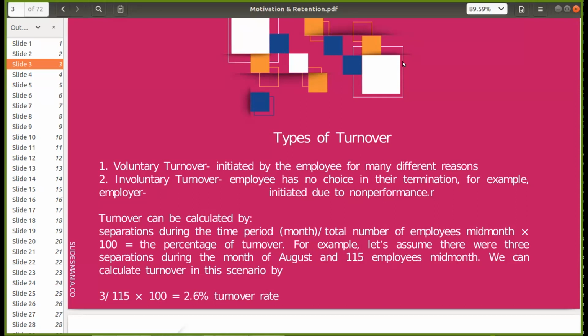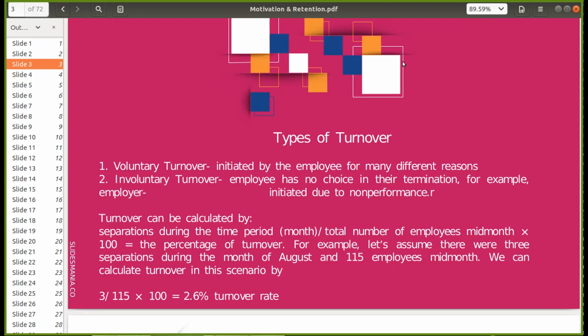That's why 'di ba as we are discussing in the previous lectures, yung pag-hire pa lang ay magastos na, no? So what more then pag umalis yon since yung empleyado na yon ay may alam na sa company at alam na niya yung pasikot-sikot sa company, yung mga proseso ng company.